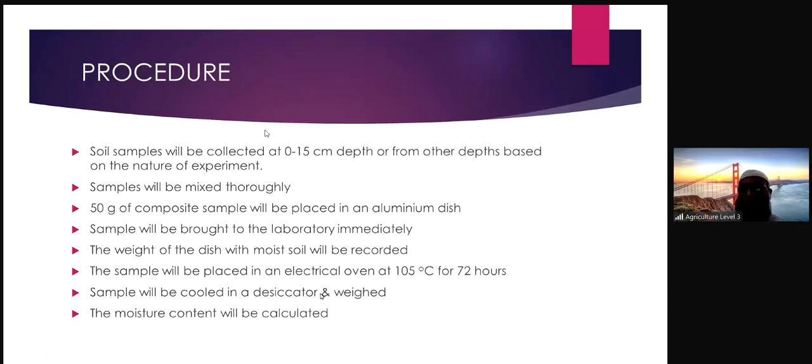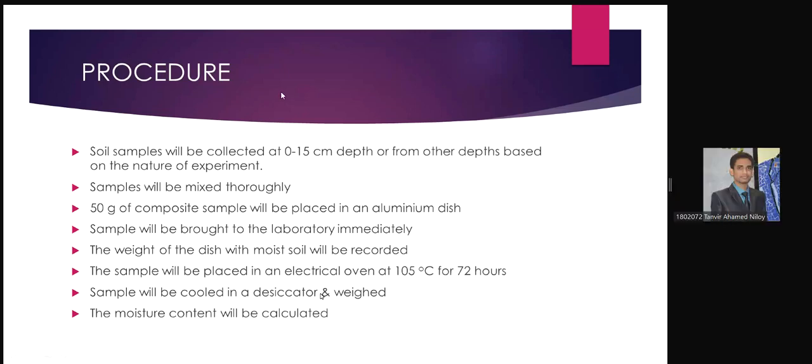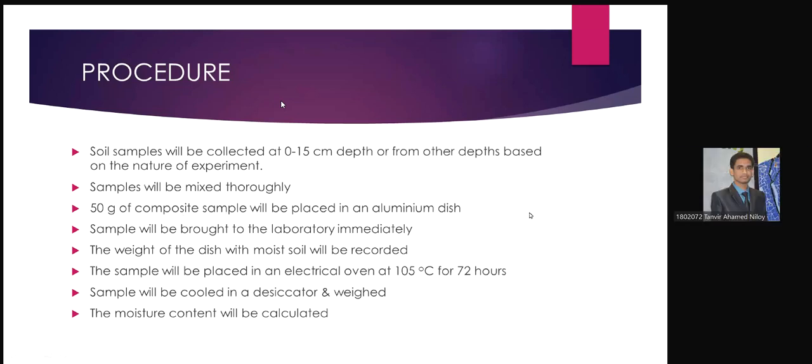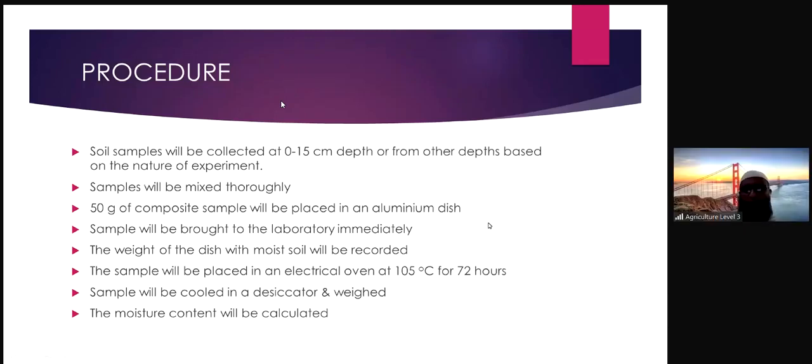What is a composite sample? Can you tell me? What is meant by composite sample? Composite? Sir, we have to collect samples from different places of the same field and mix them together. And why do we do that? Sir, then the whole field will be, sir, representative. That's very good. That's a very good term.